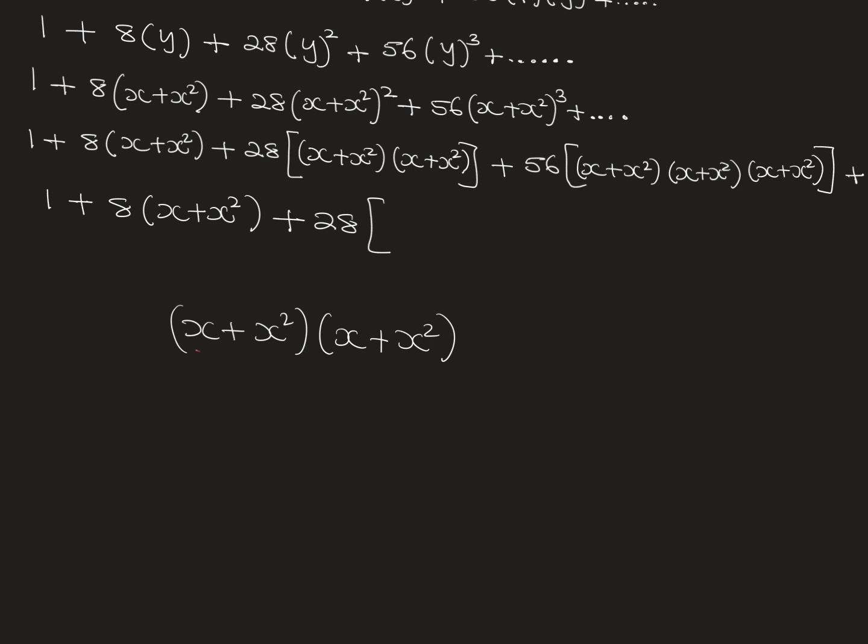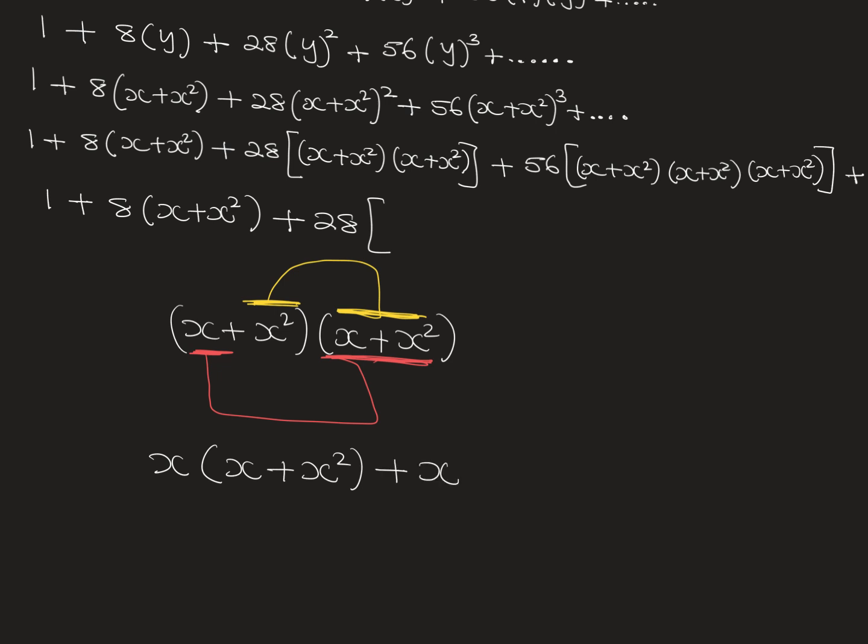First, you take the first term that you have, multiply by this whole expression, then you take the second term and multiply by the whole of this expression again. So that is, you will have x into x plus x squared plus x squared into x plus x squared.